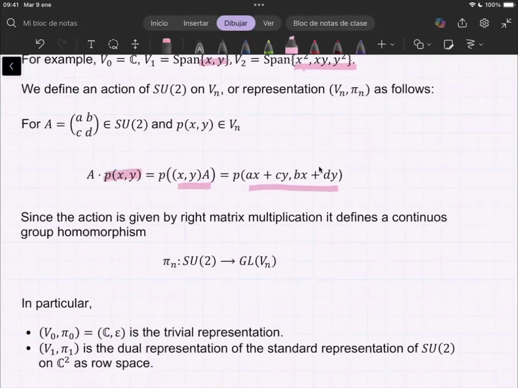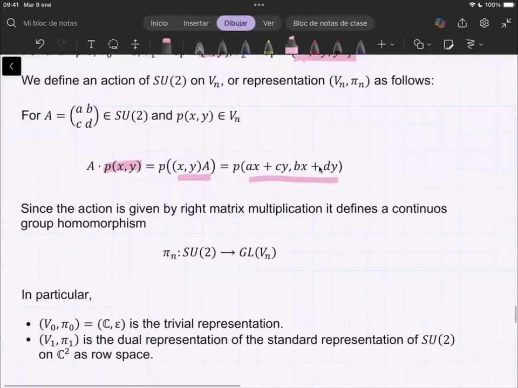We act on what is evaluated in the polynomial. And we have to put the inverse there because this is how I define the contravariant representation. But the idea is, we don't do that. We put the action on the right, which is isomorphic, and then we take the rows.